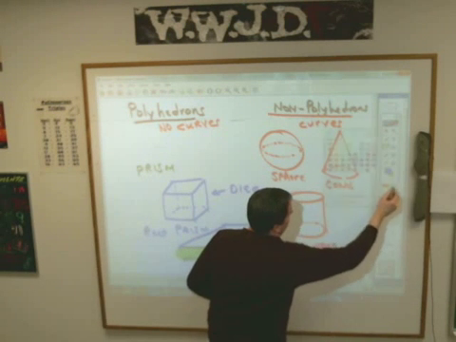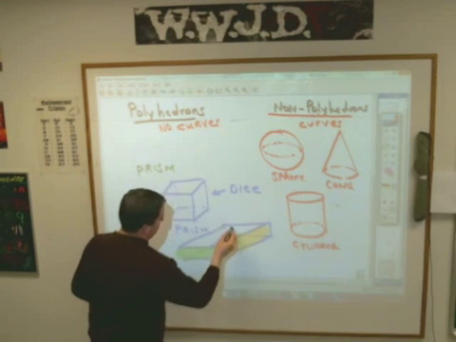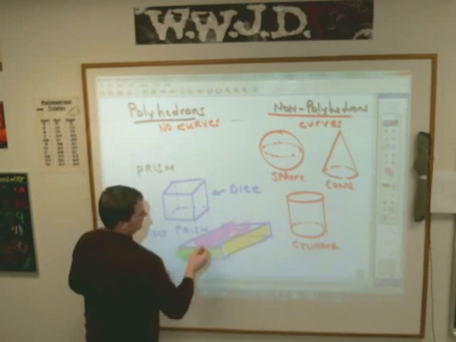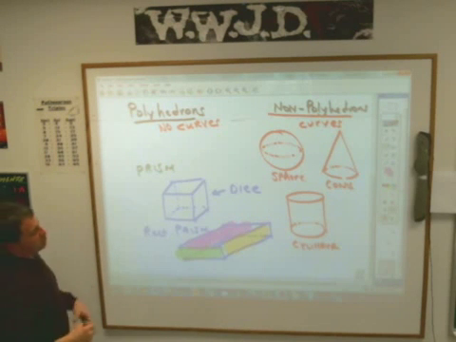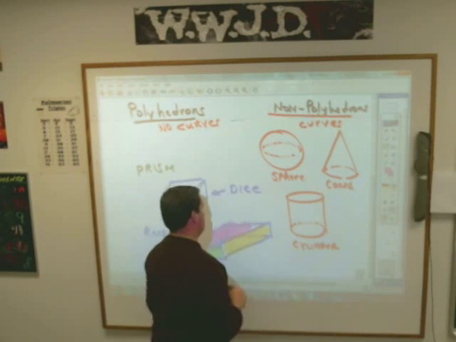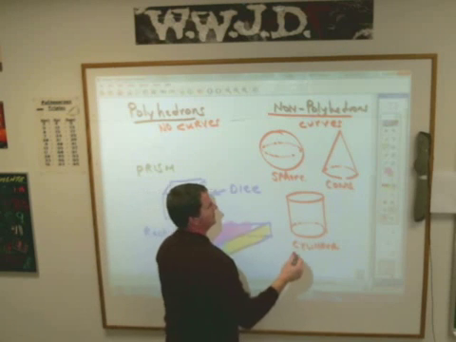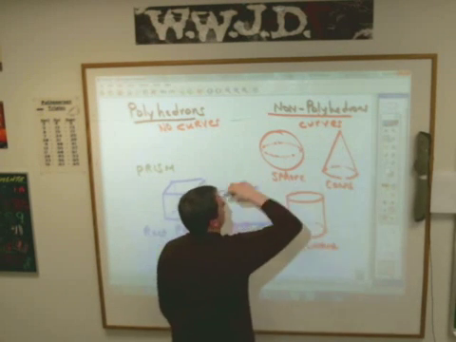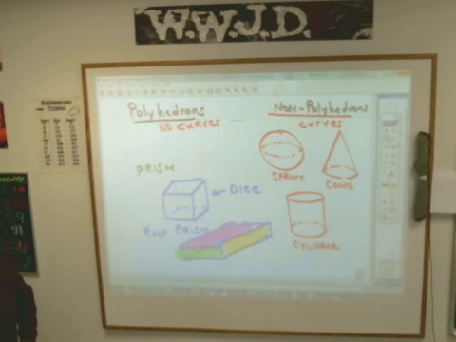How about a nice shade of chartreuse? Shoe boxes, cereal boxes, anything that's not a dice.